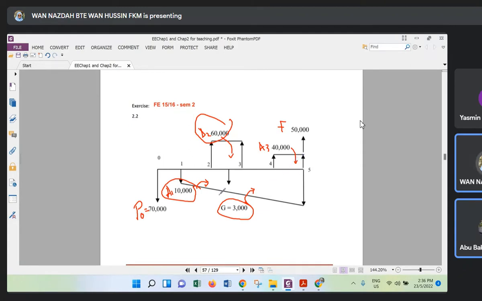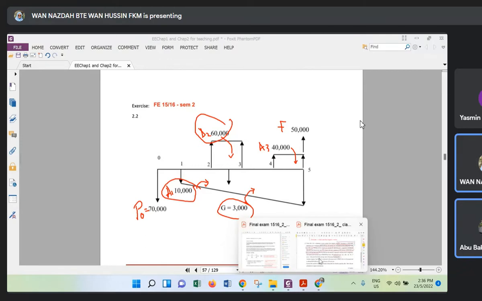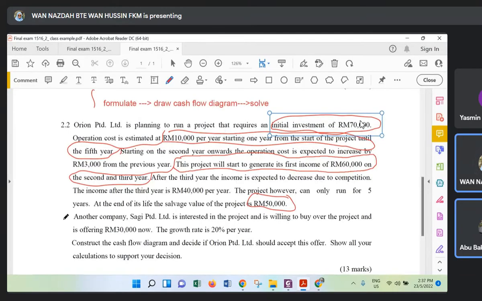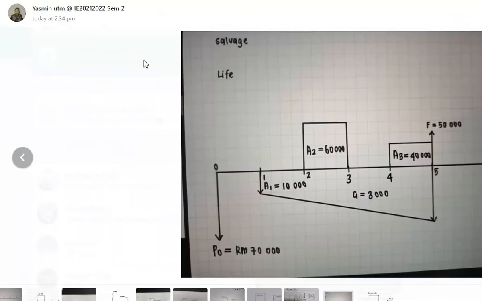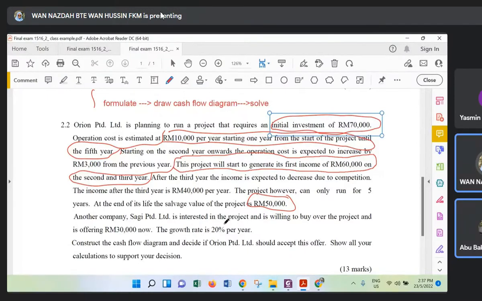So let's see the question. Another company, Segi, is interested in the project and is willing to buy over the project, offering 30,000. The growth rate is 20%, which is i equals to 20%.